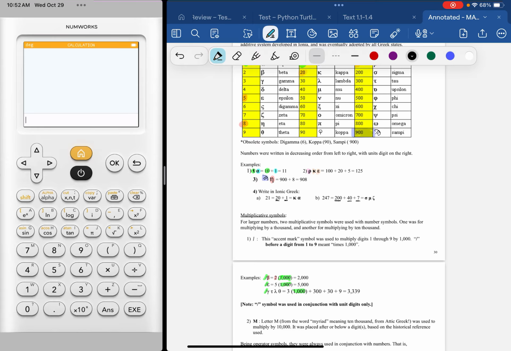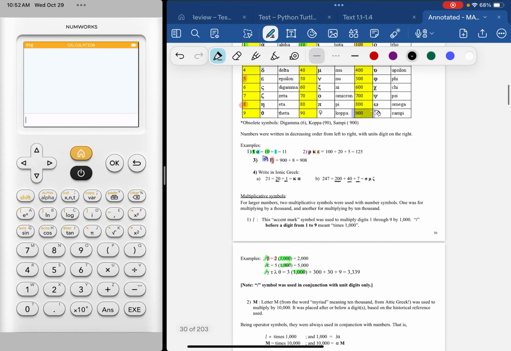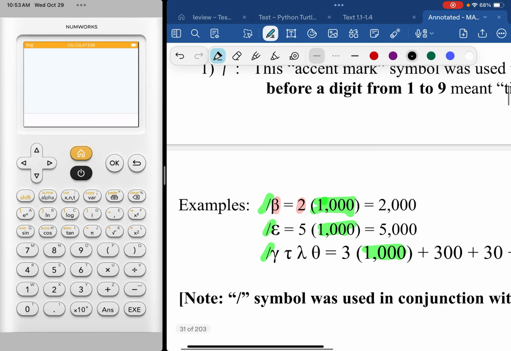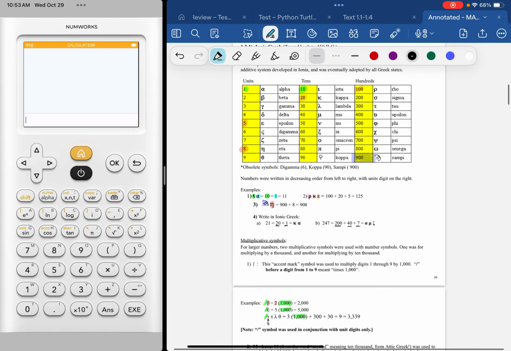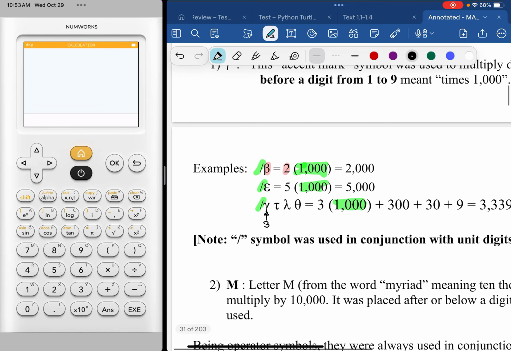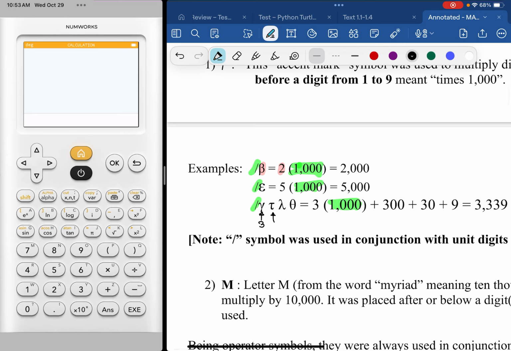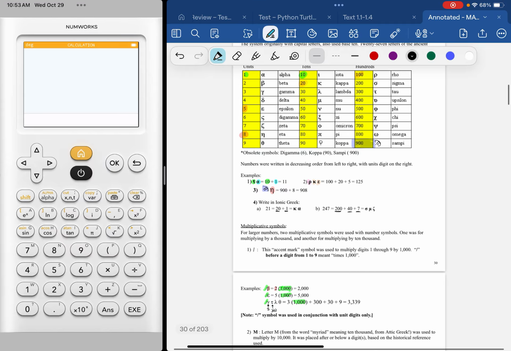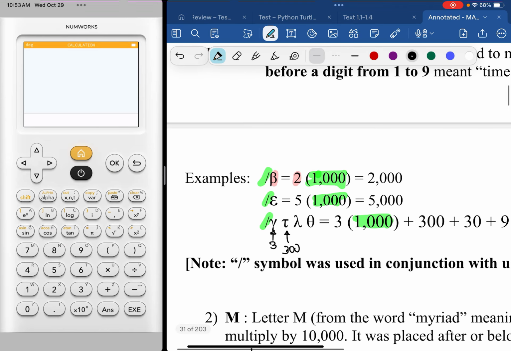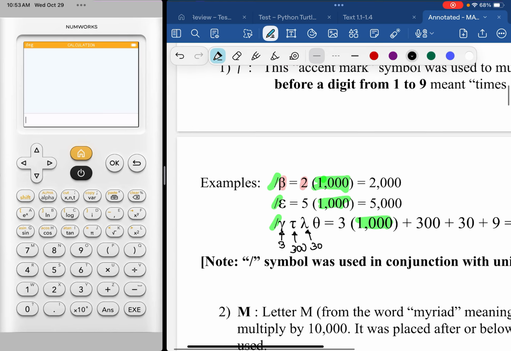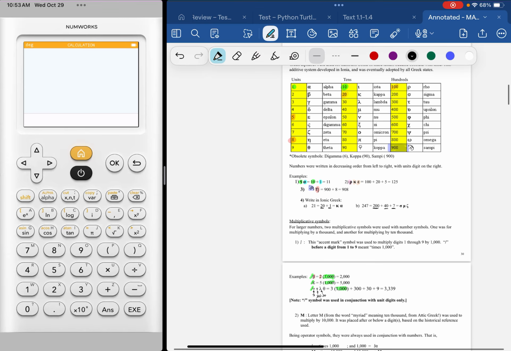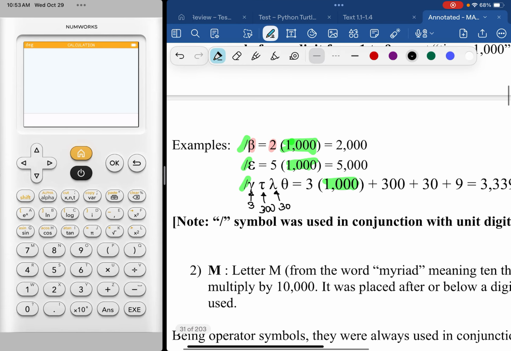I get my gammas and my deltas confused for some reason. My gamma is a 3. So that would be this value. My tau is 300. My lambda is 30. And my theta is a 9.